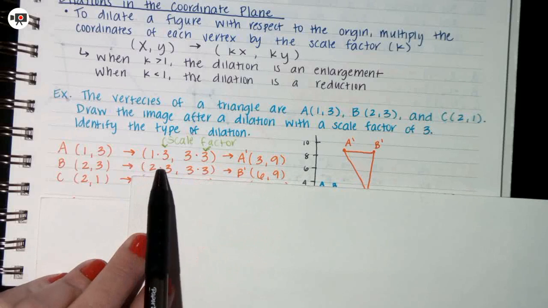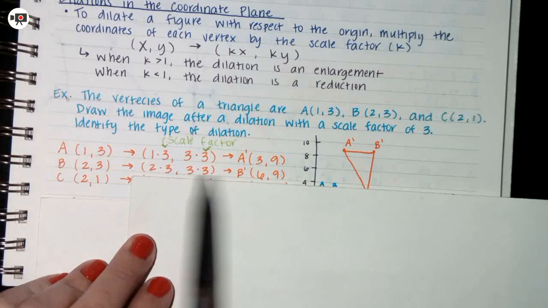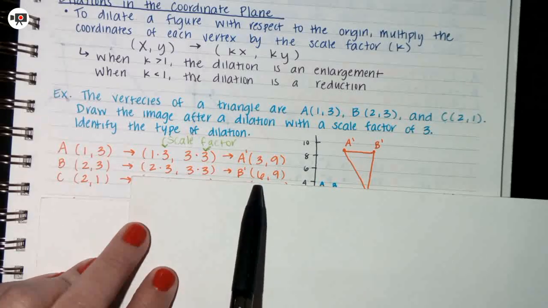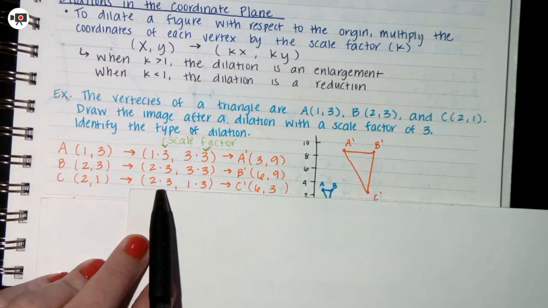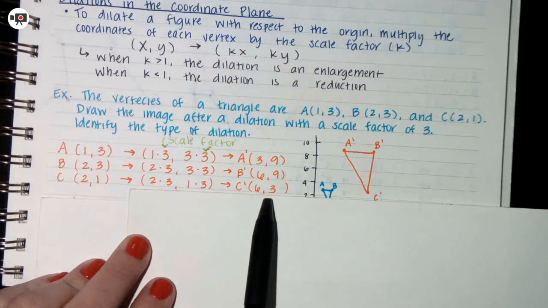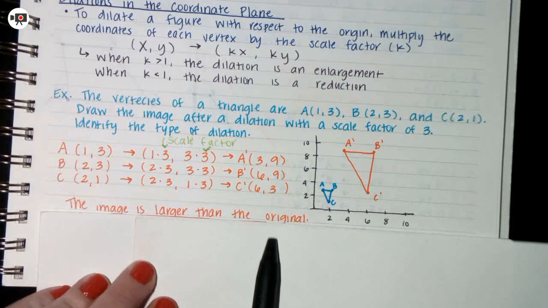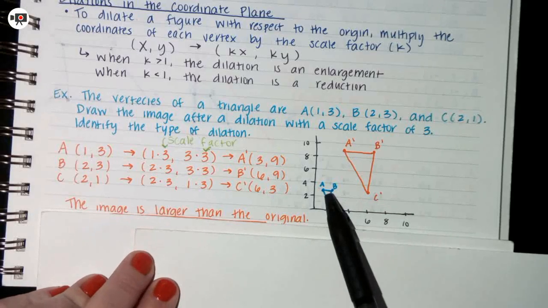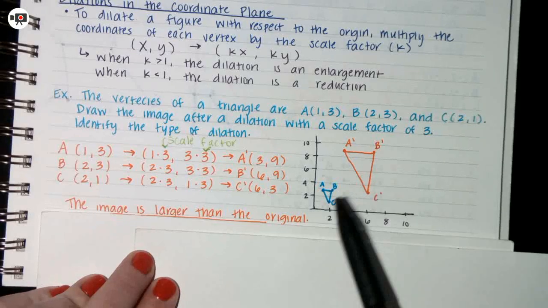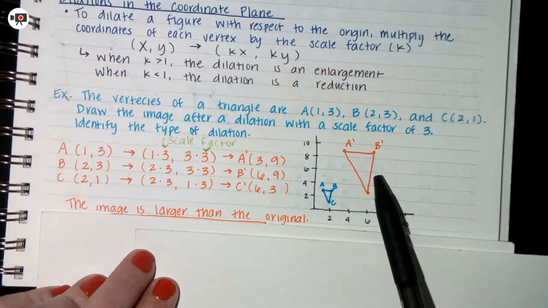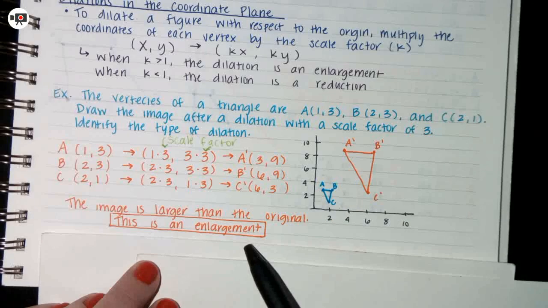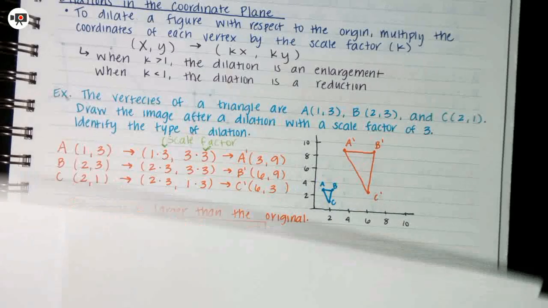For B, each x and y get multiplied by 3 to get B prime (6, 9), and for C, each multiplied by 3 makes C prime (6, 3). If I plot the original and the image, I can see that it starts out small and gets larger, so this is an enlargement.